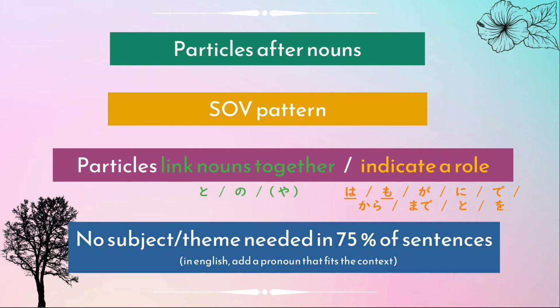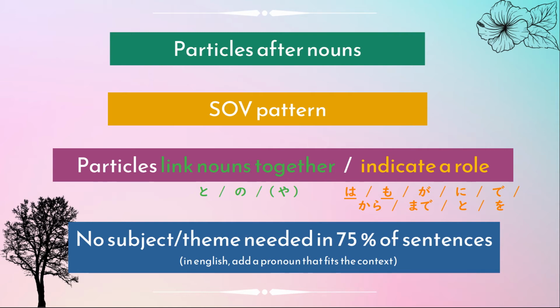Then two other things that maybe are not so much explained in videos: the particles that you've learned, you will only find them after nouns. You can't put them after anything else. So if you try to speak Japanese and you put, for example, a ni particle after an adjective or a verb, you know that you are making a mistake.